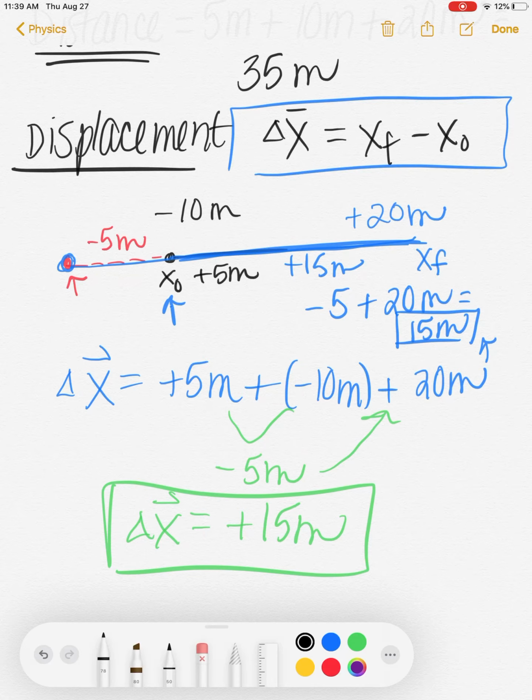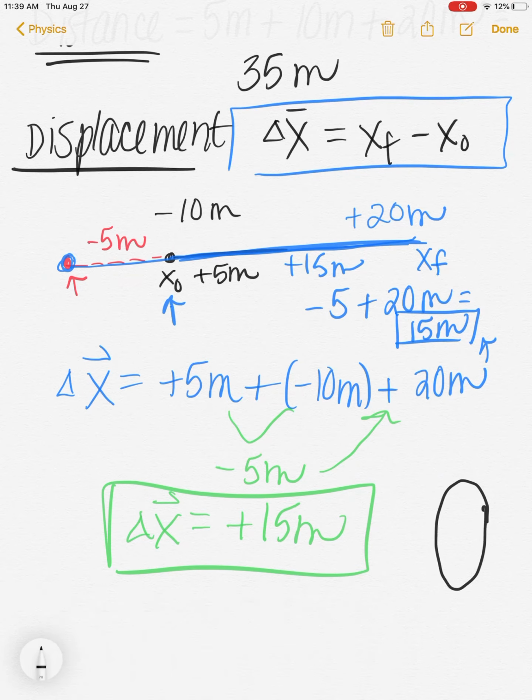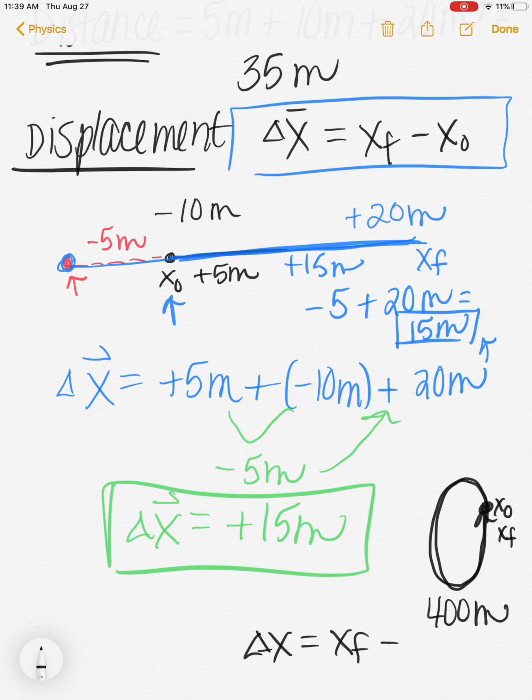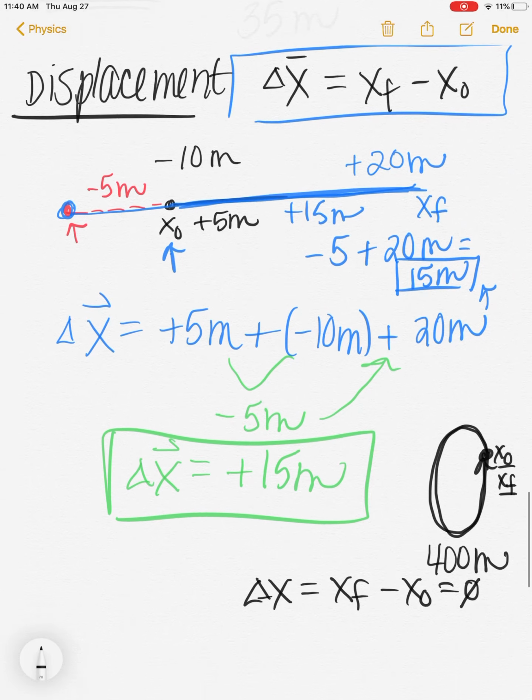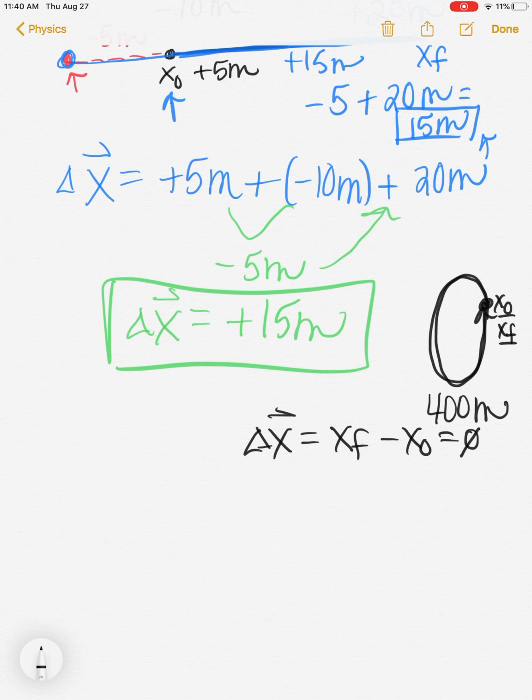Another classic example is, let's say that you run 1 lap around the track. So you start here, you run your lap, and you finish here. Well, you have run 400 meters because that's the distance around a track. Technically, your displacement, though, final position minus initial position, would be 0 because the initial and final are at the same spot.